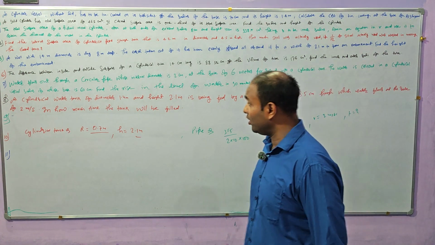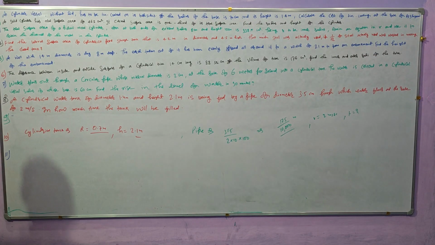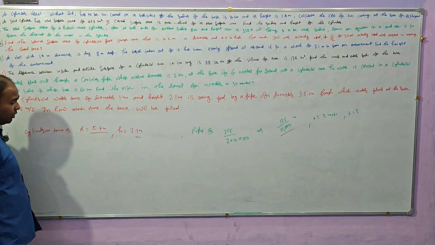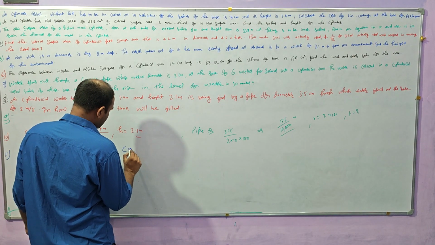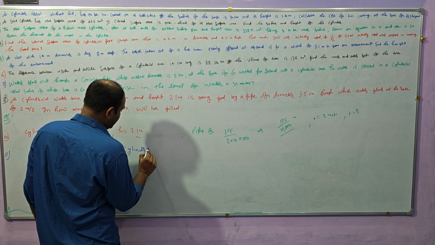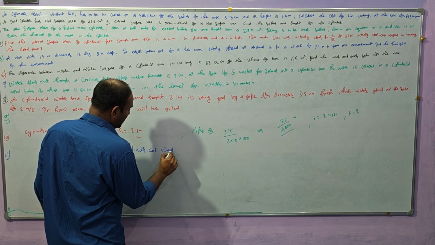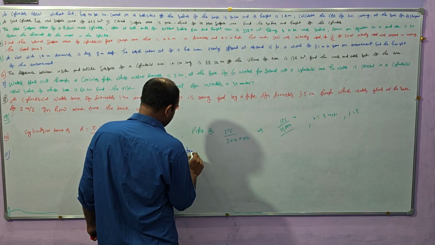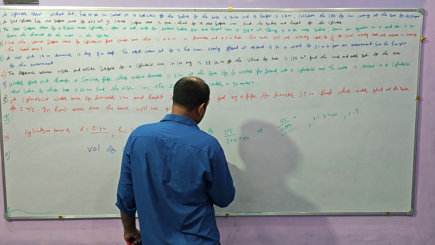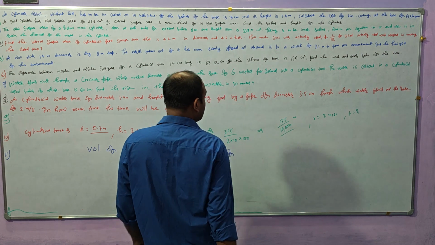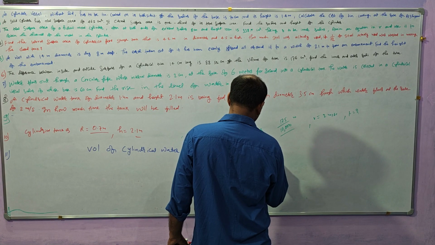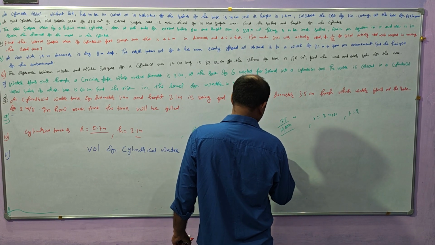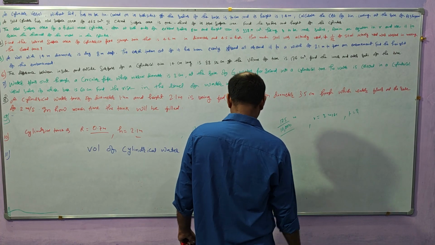So the volume of the cylindrical water tank is equal to the volume of the pipe in time t.